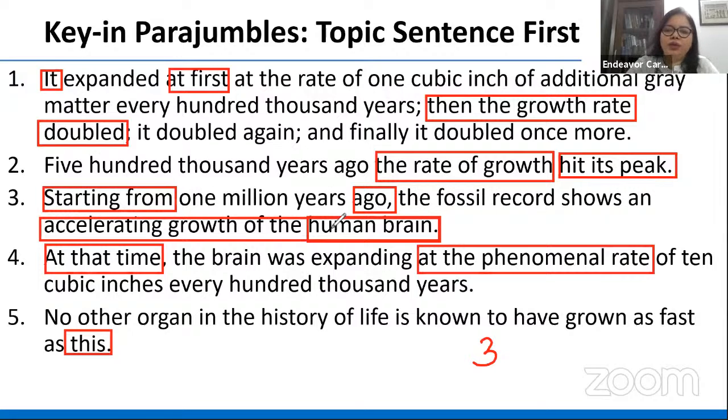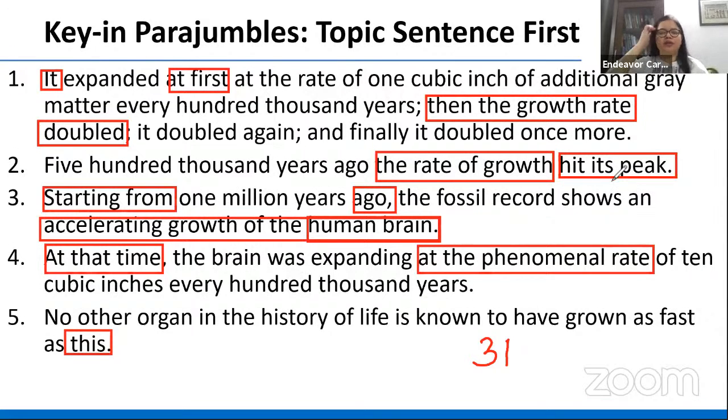Why do I want to continue with "it expanded at first" and not with 4? Because the 1 million years could very well refer to "at that time." But you know that "at that time" sentence also contains "at the phenomenal rate." What is the phenomenal rate of growth? When the rate of growth hits its peak.